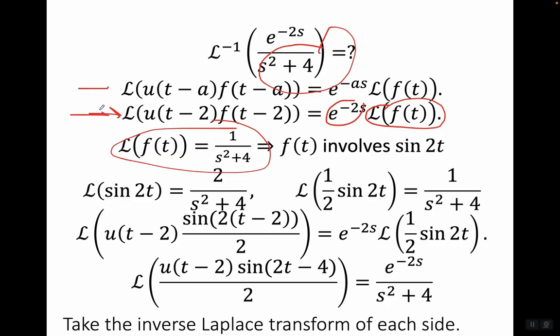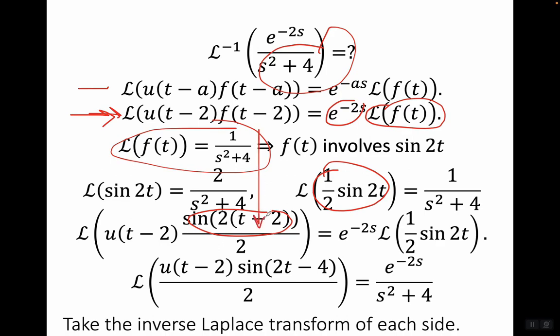So plugging that into the formula above, in other words, plugging in what we need for f(t), we end up with u(t-2) sine(2(t-2))/2 equals e^(-2s) times the Laplace transform of 1/2 sine 2t. Again, this is what we want for f(t). So that's just going to be f(t-2) from up here.